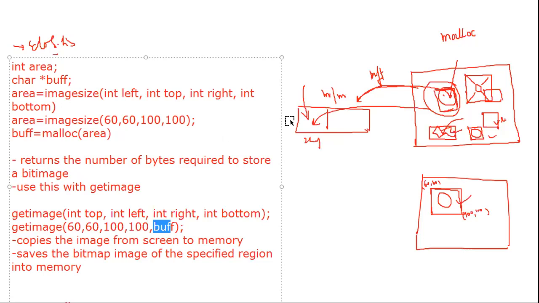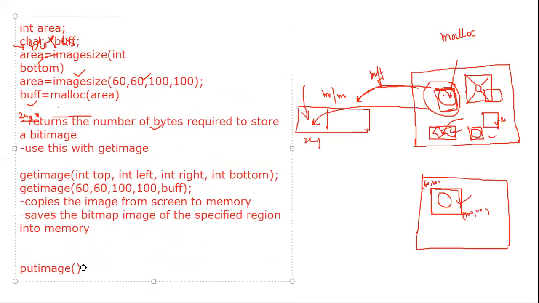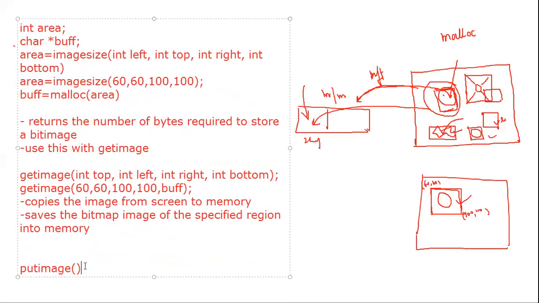Okay, so now put image, what happens? Simply it outputs the bit image onto the screen.